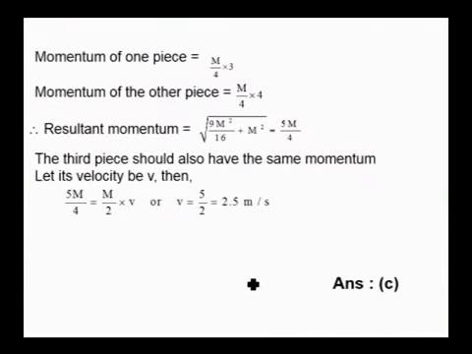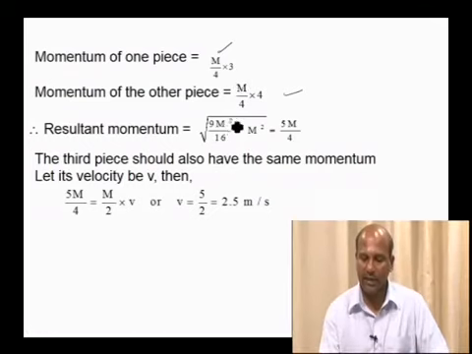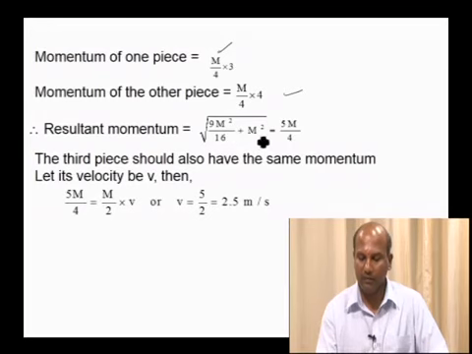So very simple. Momentum of one piece can be calculated, which is mass into velocity, m divided by 4 into 3. Momentum of the other piece, m divided by 4 into 4. So the resultant momentum is the square root of 9m square divided by 16 plus m square. This 4 gets cancelled here. So you have 5m divided by 4. So this is the resultant momentum.